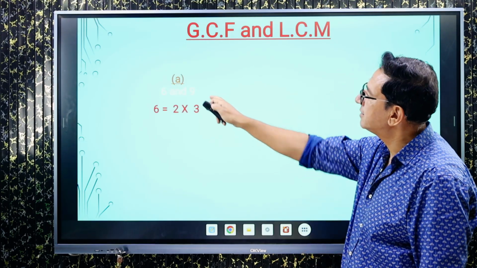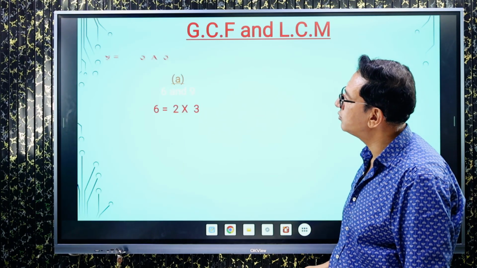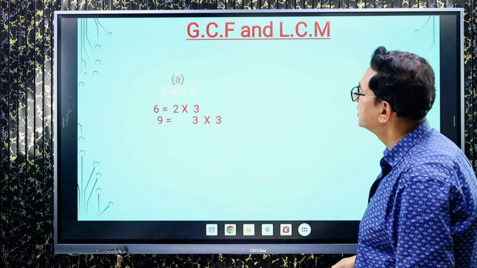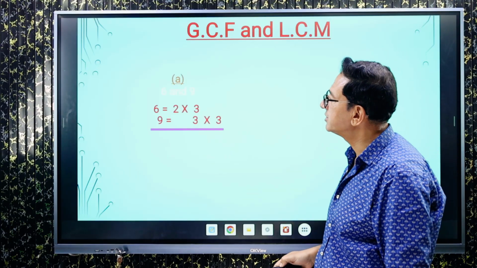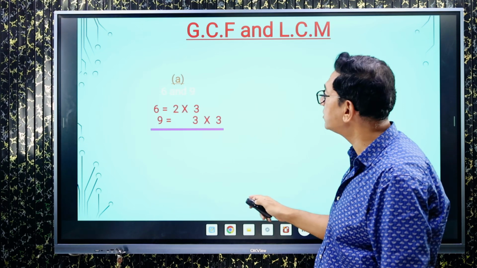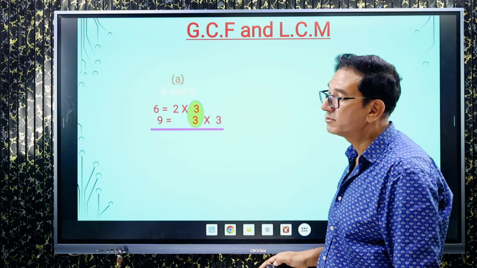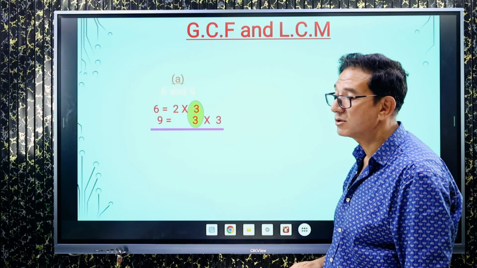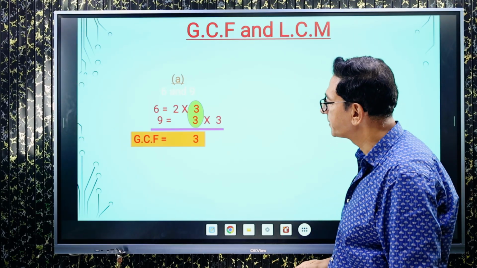And then 9 equals 3 times 3, and we know we have to put the common factors under each other. And then for the GCF, we will choose only the common or the repeated factors. 3 and 3, we will take only one of them, it will be 3.